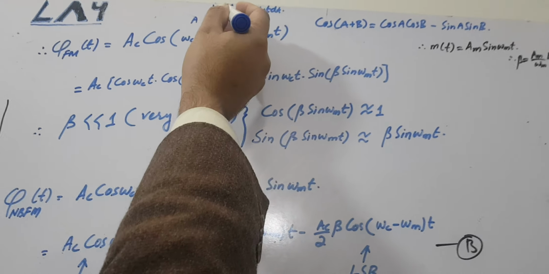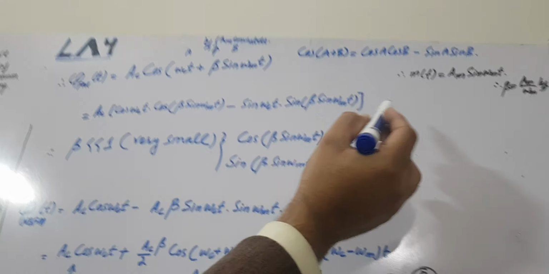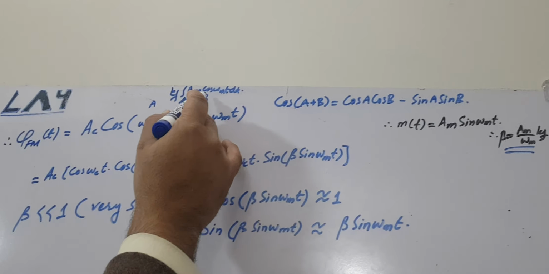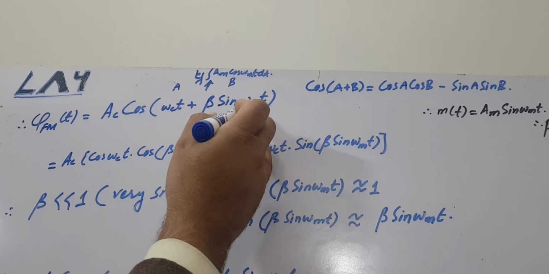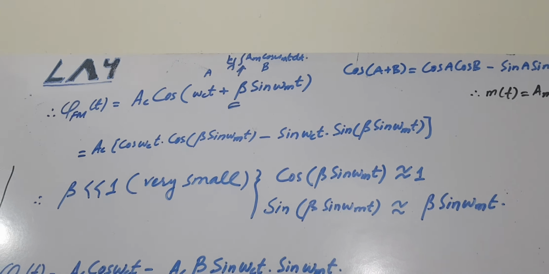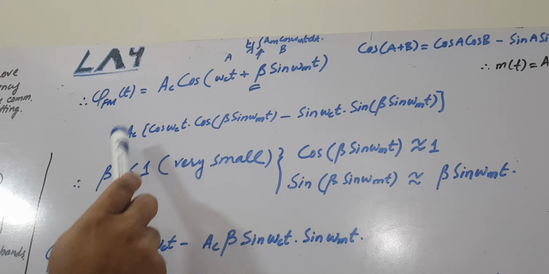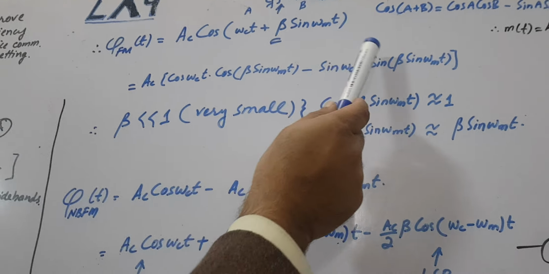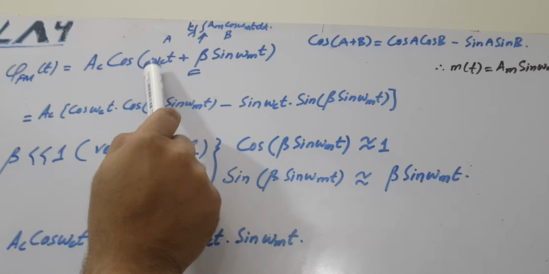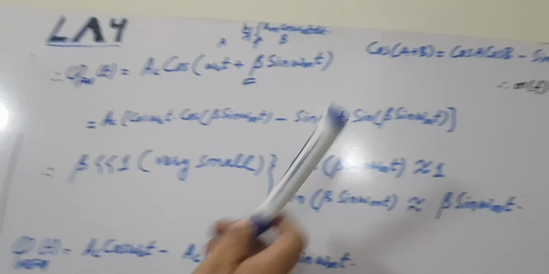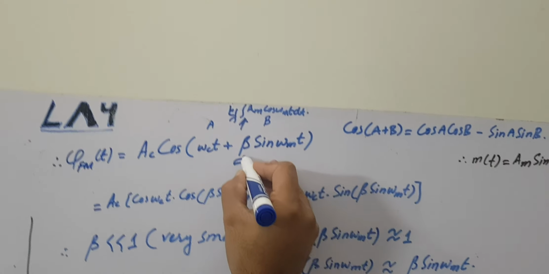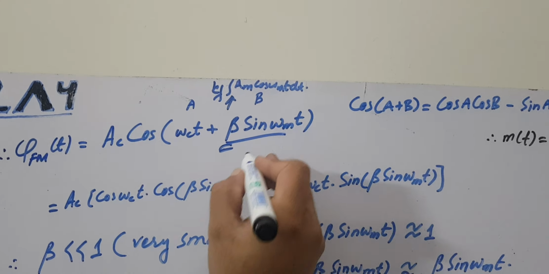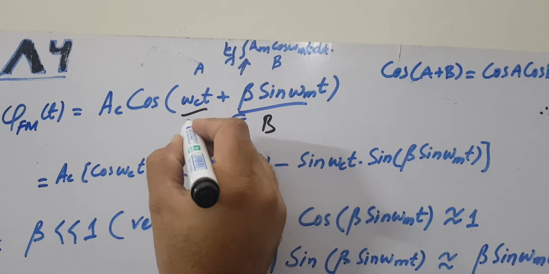So k of f am by omega, that is your beta, so that's why you write beta, and the integral of cos omega mt is sin omega mt. So you can write this one like this, AC is constant, so cos omega ct, so in that formula this whole is B, and this one is A.